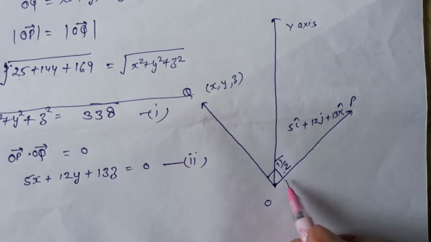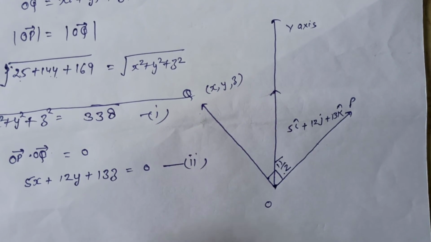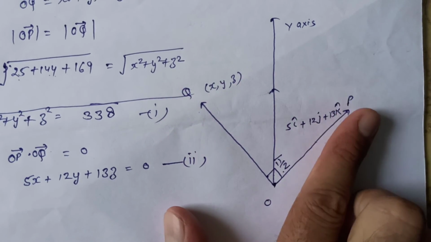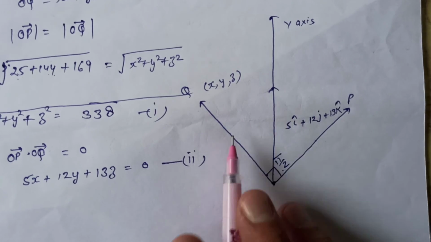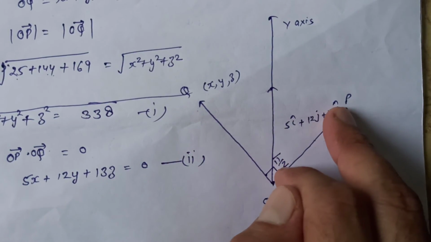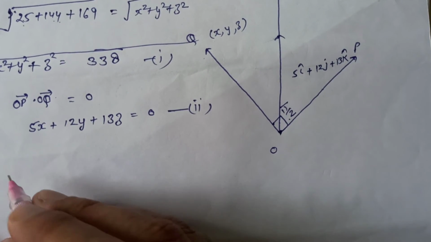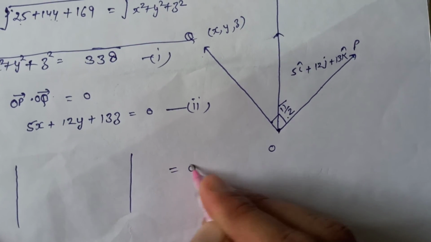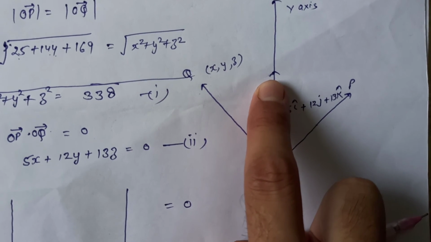Lastly, since OP passes through the positive y axis and is then transformed to OQ, and on the way it passes through the positive y axis, these three vectors lie in the same plane. So by the condition of coplanarity, these three vectors are coplanar. The three vectors are OP, OQ and the positive y axis.